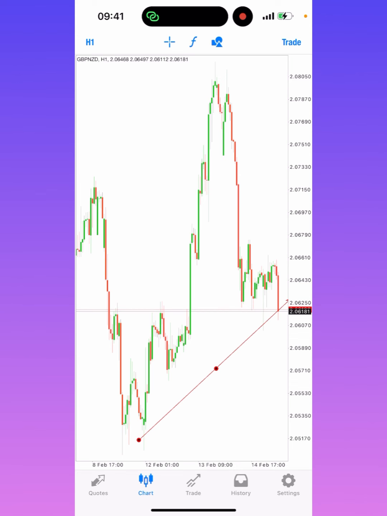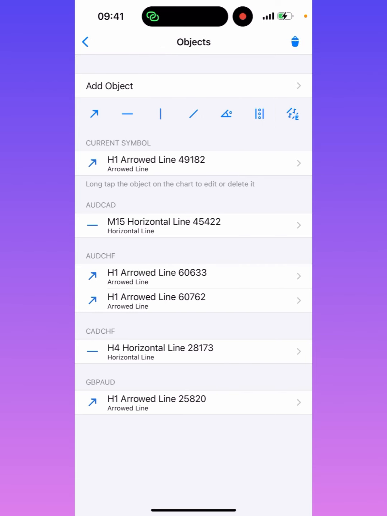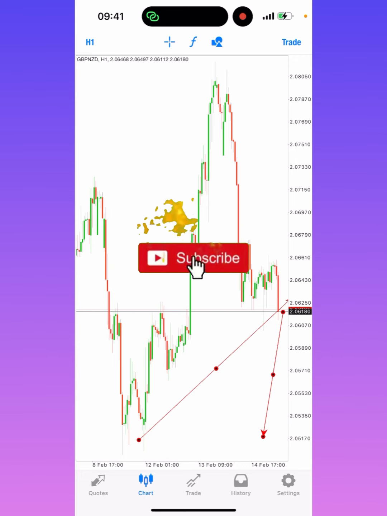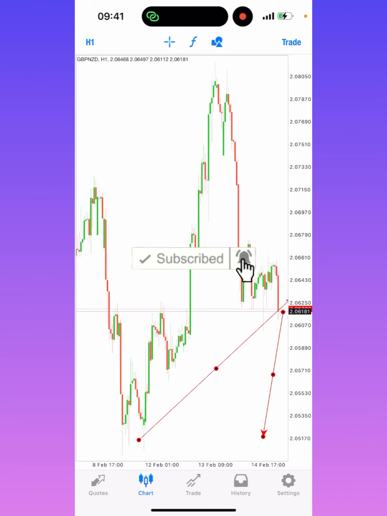It's kind of like I wanna break the trend line, and as soon as the market breaks this trend line right here, then I'll go sell, and I'll go sell all the way to this point over here. So I'm expecting something like this from this pair here, so I'm going to take this opportunity now.